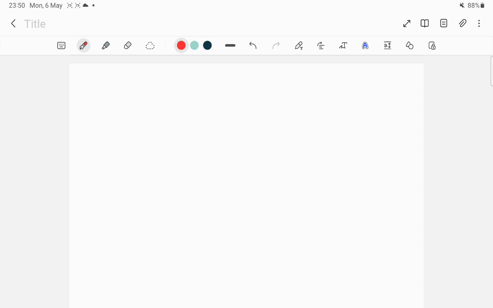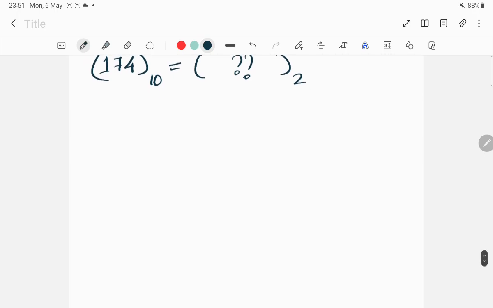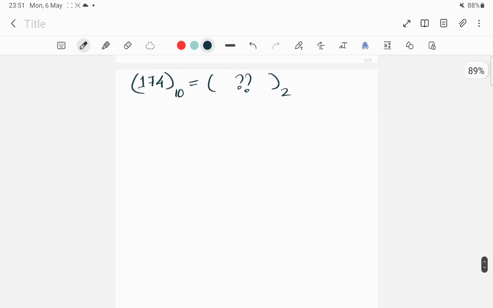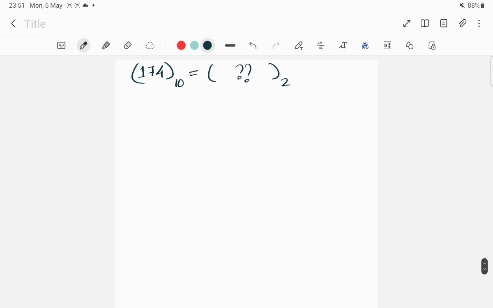Say you have 174 and you are in base 10 decimal and you need to convert it into binary. So how to do that? Again the same process I will be following. So I'll zoom out, and then I have this 174.